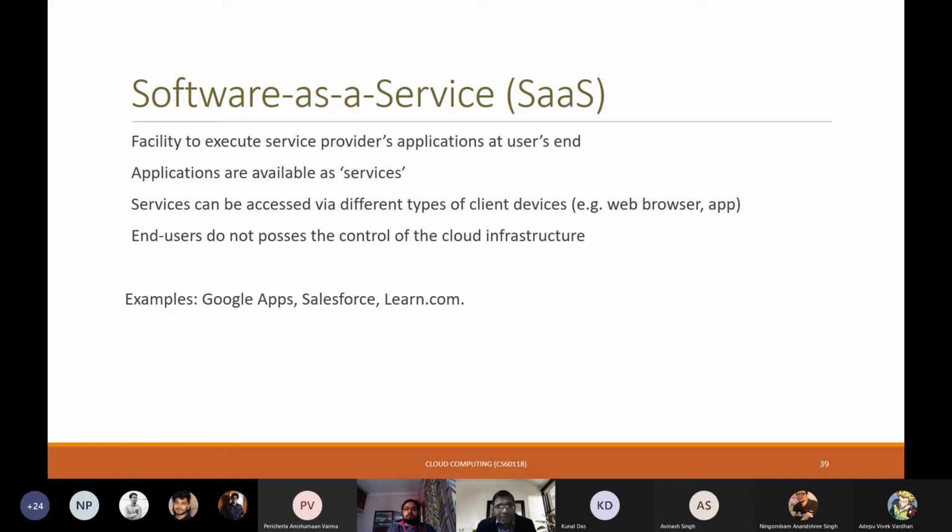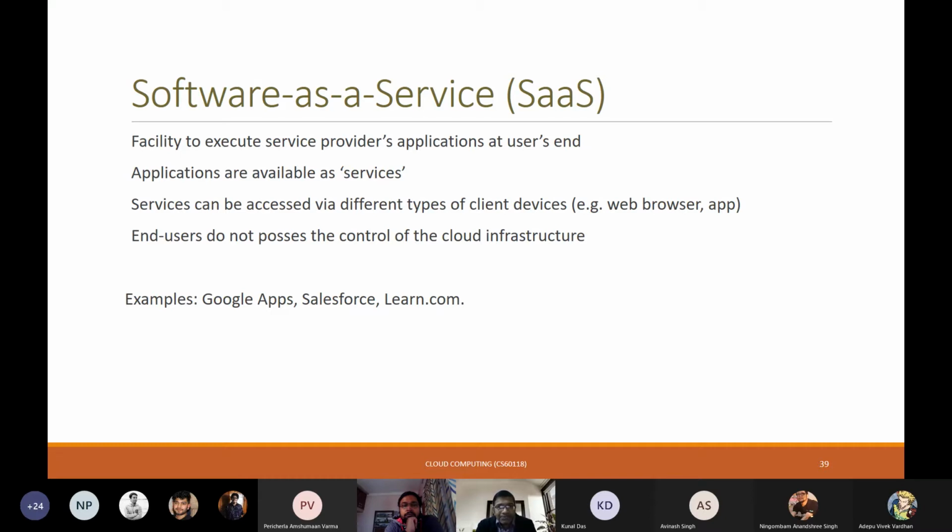So you have cloud-based email, you have different other types of services. For example, sharing some collaborative platform over the internet, like let us say Google Drive, Google Doc, etc. Google Doc particularly. So these are different types of software which are made available as a service.